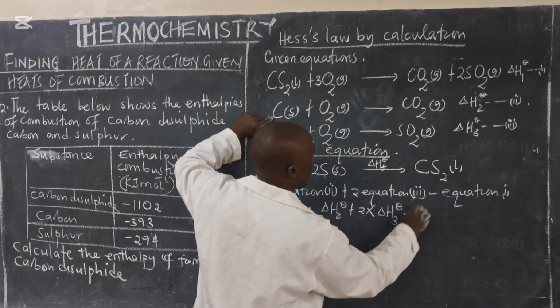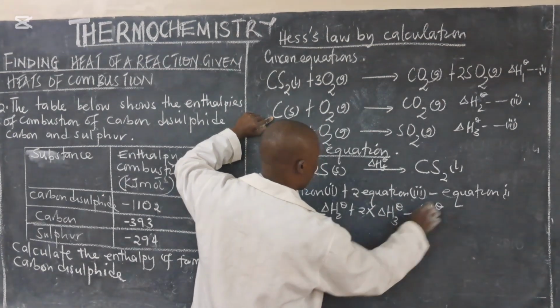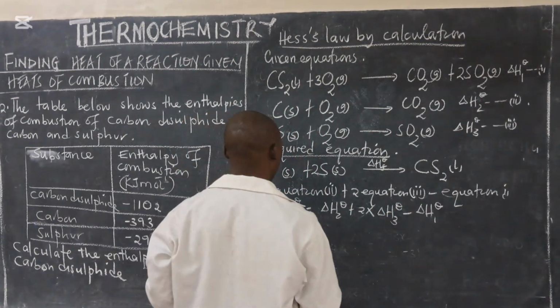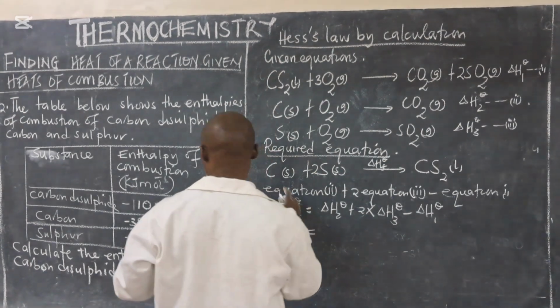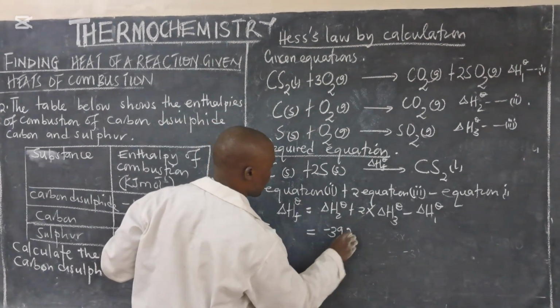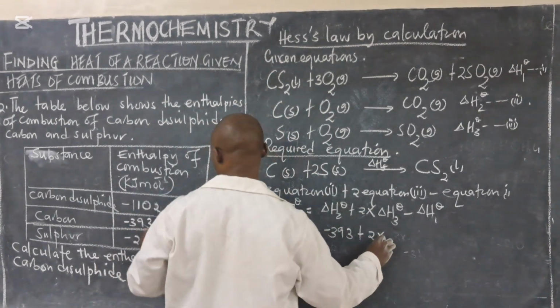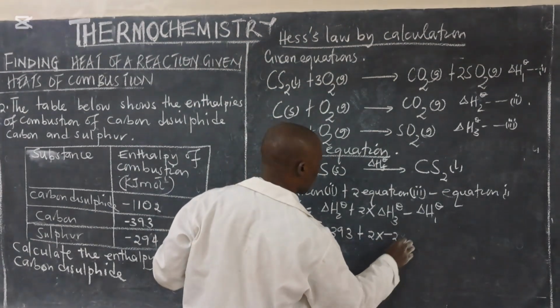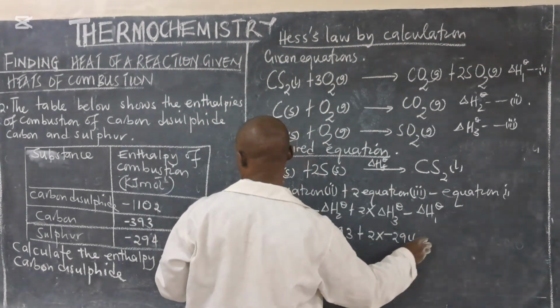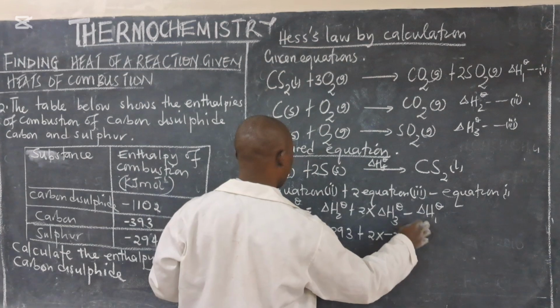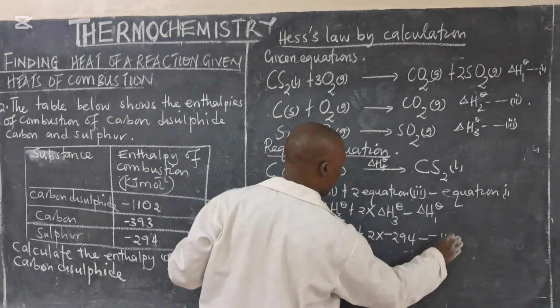Then I subtract the heat for equation 1 here. So heat for equation 2, combustion of carbon, is negative 393, plus combustion of sulfur, which is negative 294. Then subtract combustion of carbon disulfide, this is negative 1102.